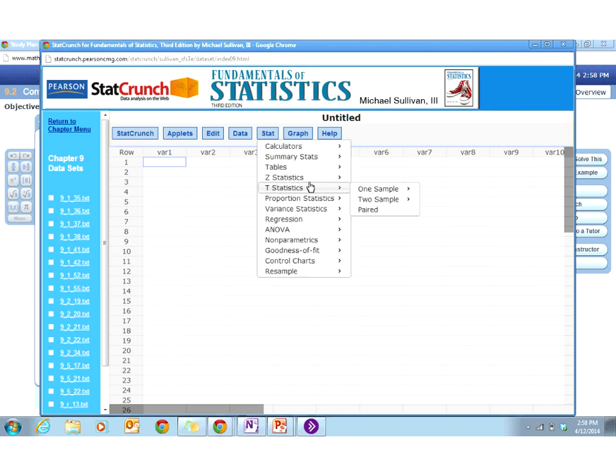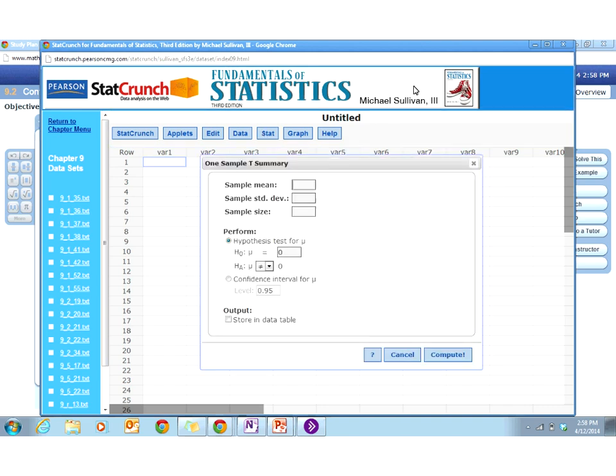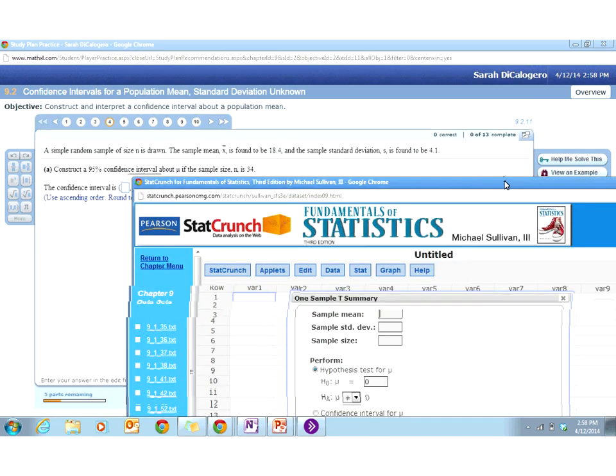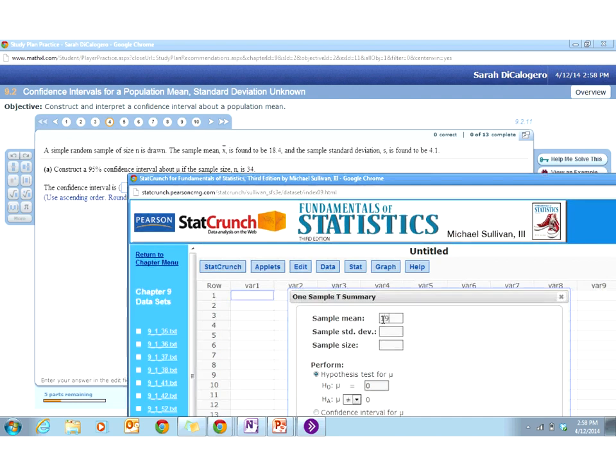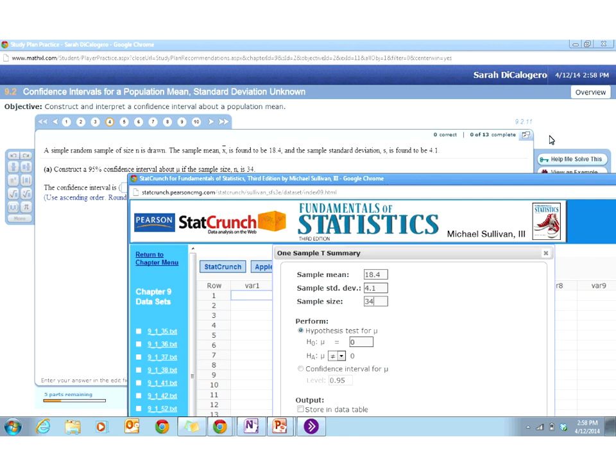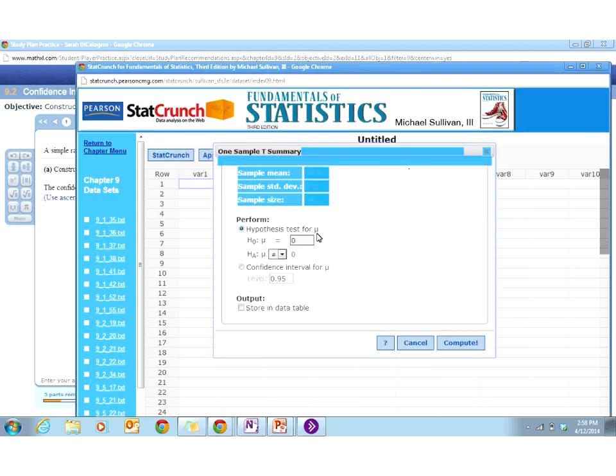Stat T, 1 sample with summary. The sample mean is going to be 18.4. Sample standard deviation is 4.1, and the sample size is 34. And we want a 95% confidence interval.